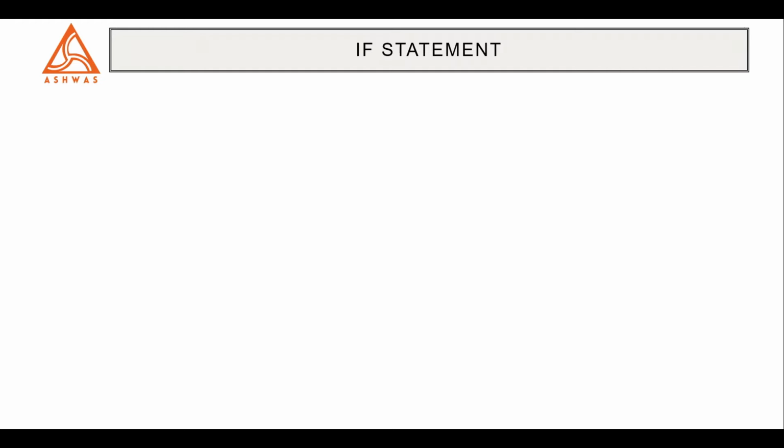Let us first discuss the simplest form of if statement. You will know after the completion of this lesson that if, else if ladder, and switch statement together contribute the decision making aspect of Java language.